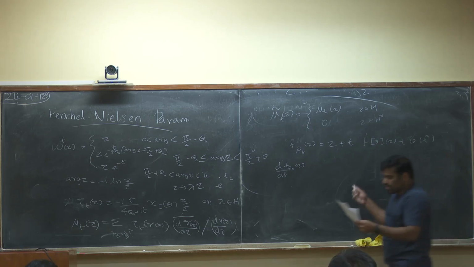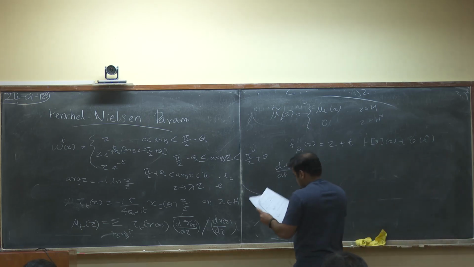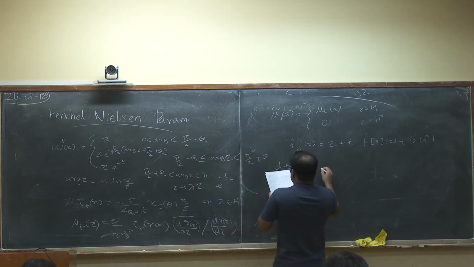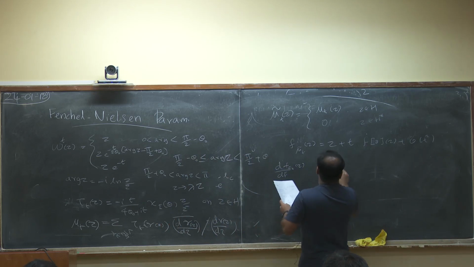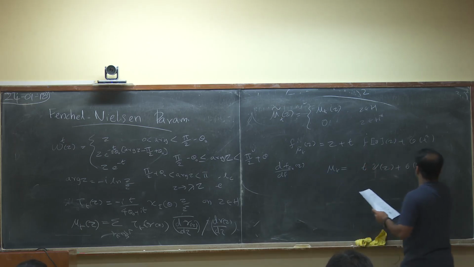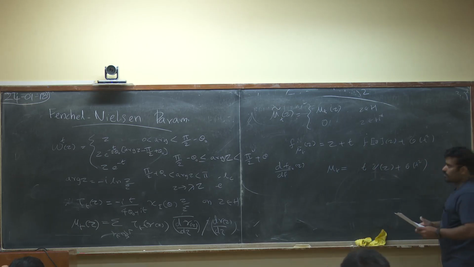So the solution is known, and it takes the following form. Here I assume that mu t can be expanded as t nu c plus order t squared.